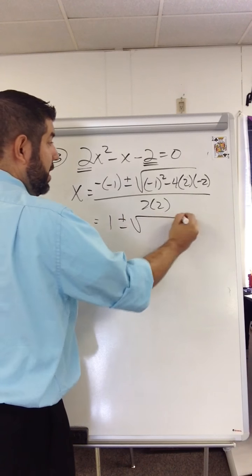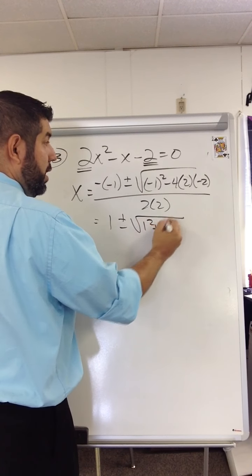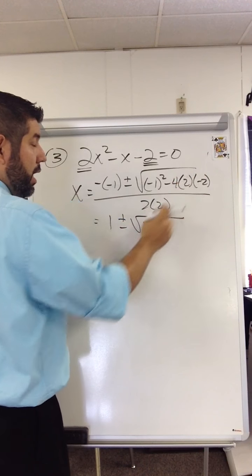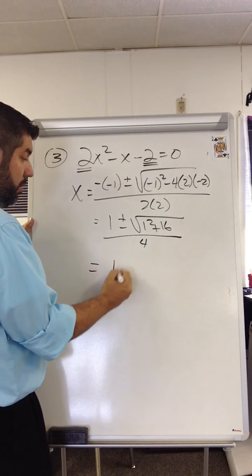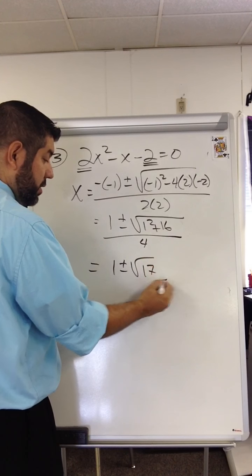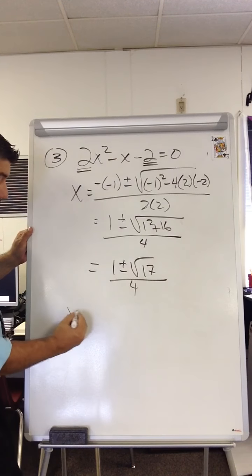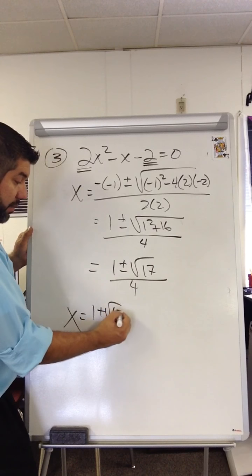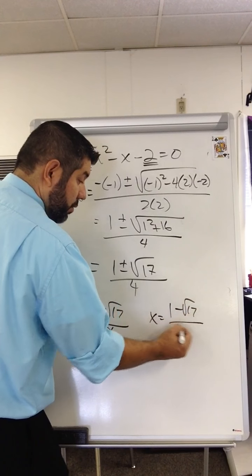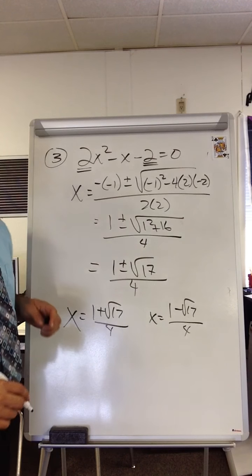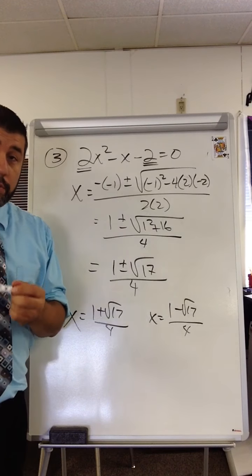I'm going to simplify this. 1 squared plus 4, 8, 16 over 4, which is going to give me 1 plus or minus the square root of 17 over 4. There are two answers here, right? 1 plus root 17 over 4 and 1 minus root 17 over 4. Those are two answers using the quadratic formula.